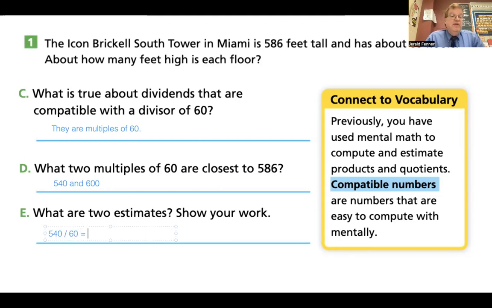Equals, we cross out the zeros, we put them down, one answer would be 9. The other possibility would be 600 divided by 60, and that answer would be 10.